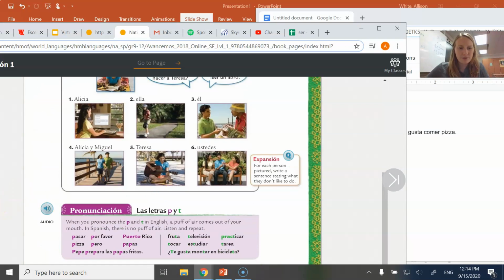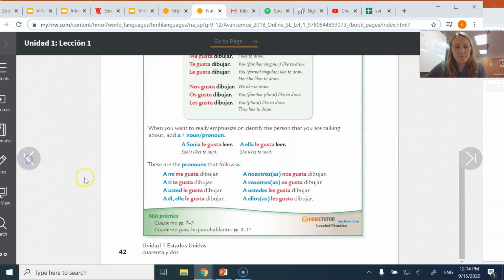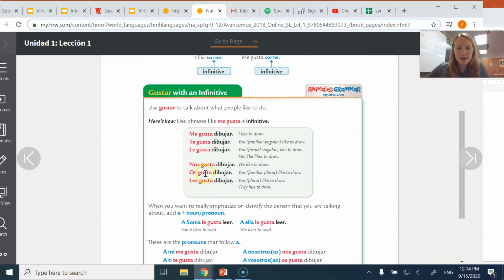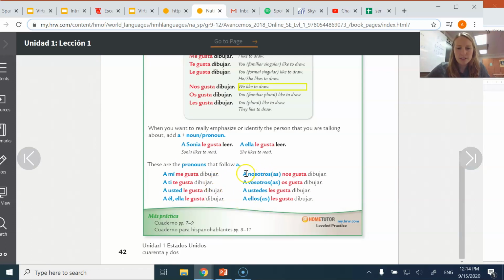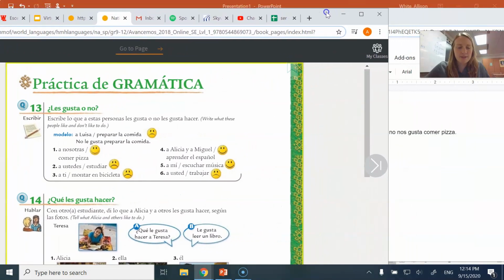And we can see that from, how do I go back to the page before? There we go. So I go back here and I see nos gusta, that is we, but I want to go down here and say a nosotras nos gusta dibujar. So again, this is emphasizing that it's us. Do I have to say a nosotros or a nosotras? No, I could just say nos gusta dibujar, but for the sake of this lesson, this is going to make it easier to tell who we're talking about if we add that.